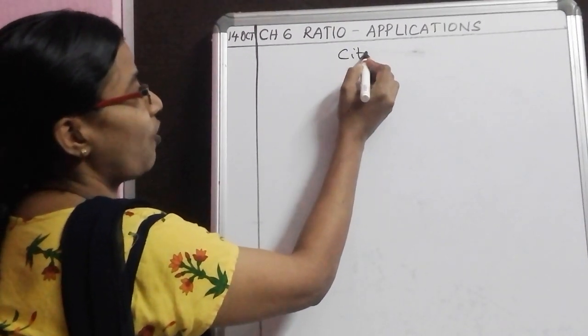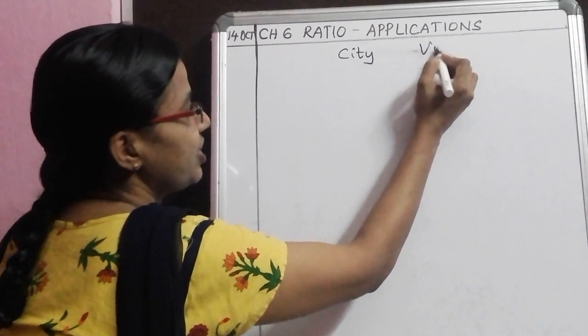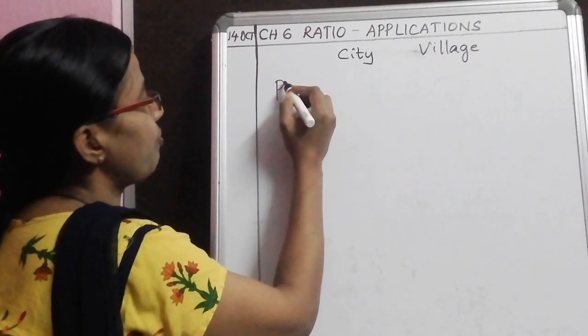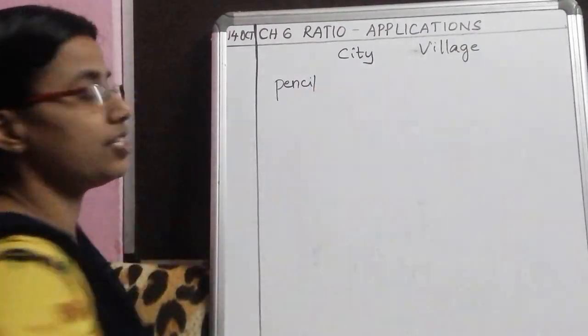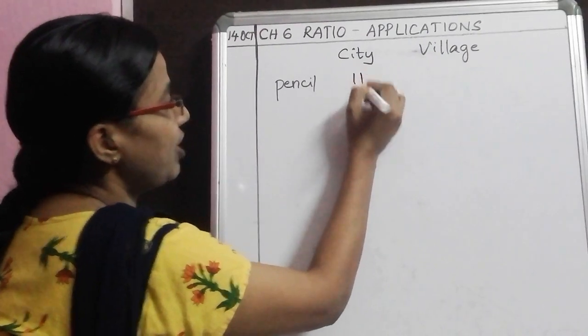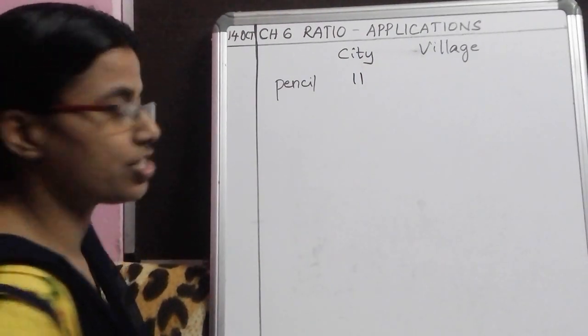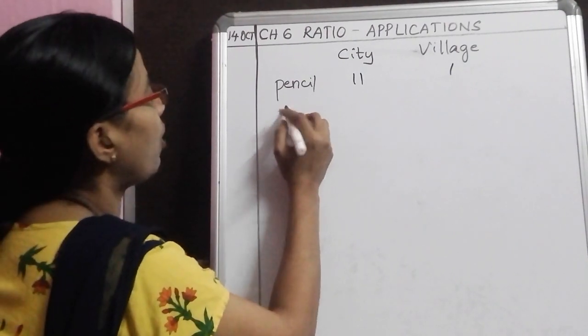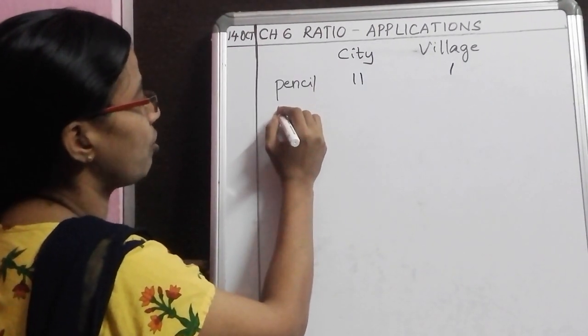In the city, the cost is different, and in the village, the costs are different. So, if we take the cost of a pencil, in the city it is, say, 11 rupees, and in the village, the cost of the pencil is 1 rupee. Now, let us consider the cost of a box.